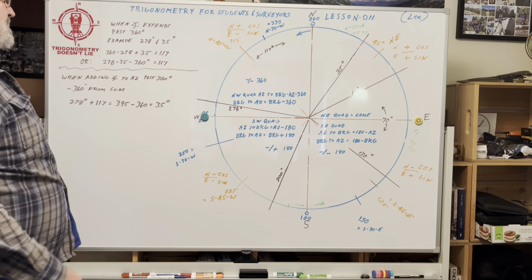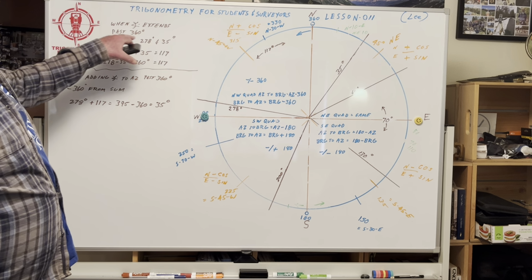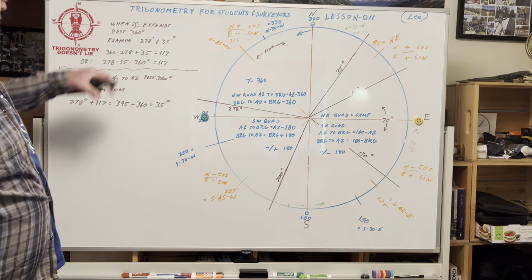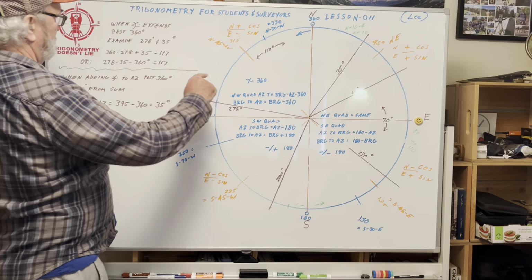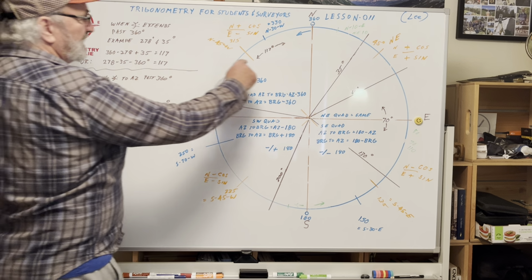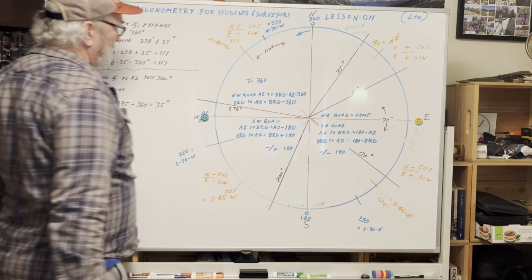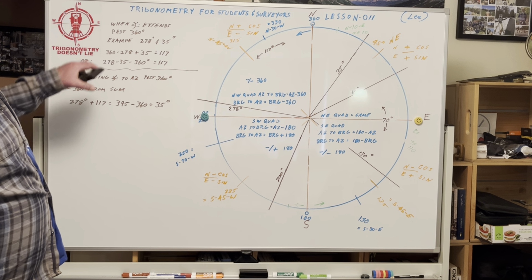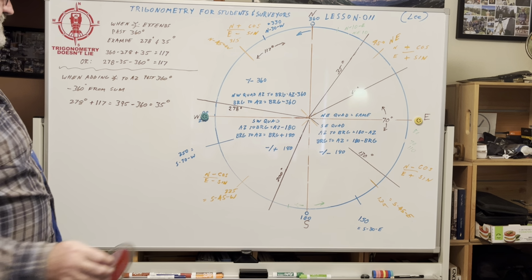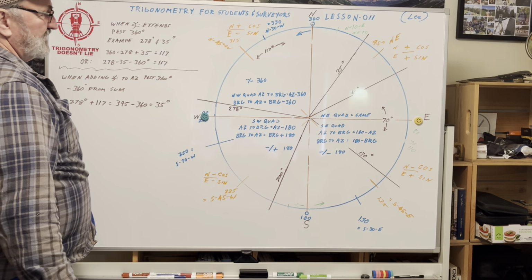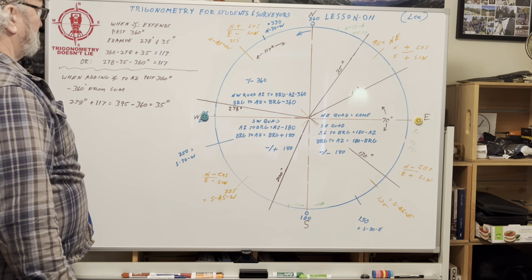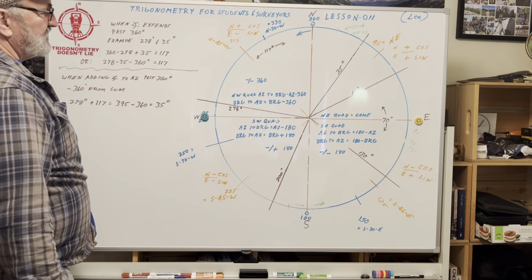So when the angle extends past 360, example, 278 and then 35 degrees, there's a couple ways to do that. 360 minus 278 and then plus 35 equals 117.